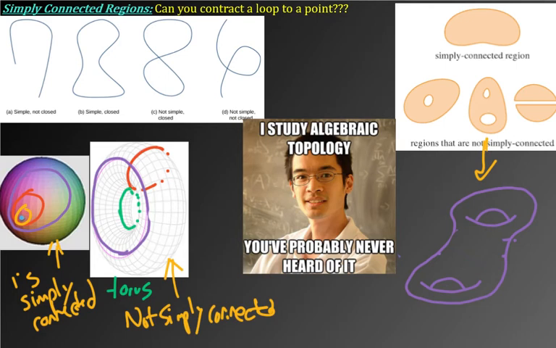And the same way these are not simply connected, these three-dimensional surfaces are also not simply connected. And in topology, what we like to do is classify different structures in space. I used to work on problems related to the classification of the structure of the universe. It sounds pretty cool, and that's because it was. Or is, because people are still working on it.